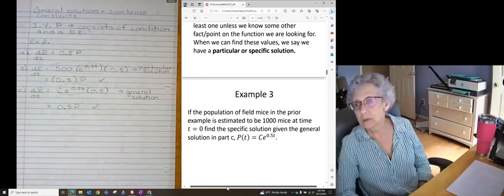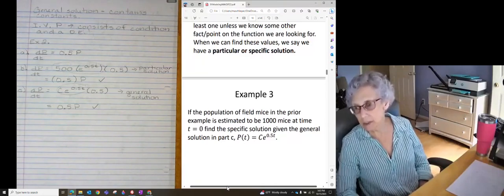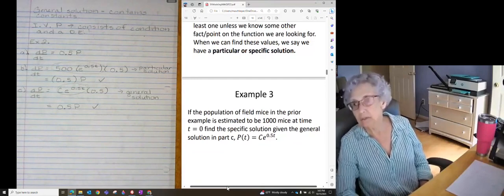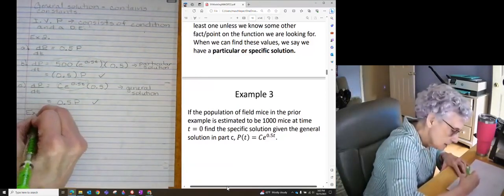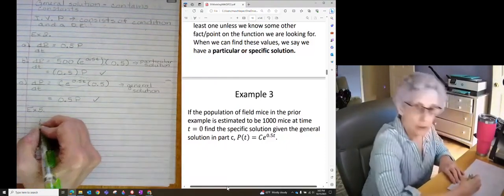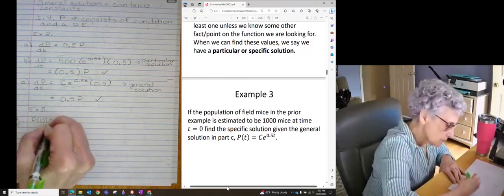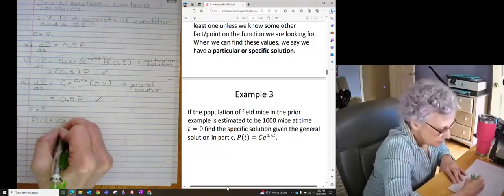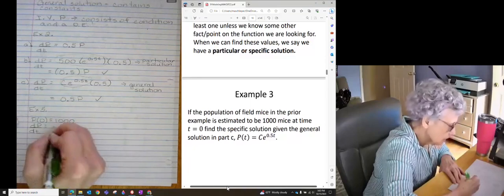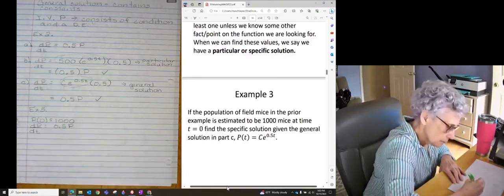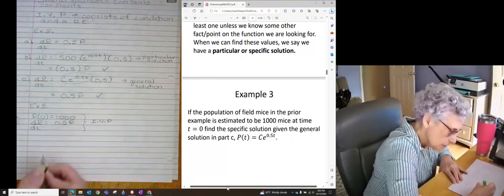If the population of field mice in the prior example is estimated to be 1,000 mice at time t equals 0, find the specific solution given the general solution from part C. So, example 5, our initial value problem is that P at time 0 is equal to 1,000, and dP/dt is equal to 0.5 times P. This is an initial value problem.